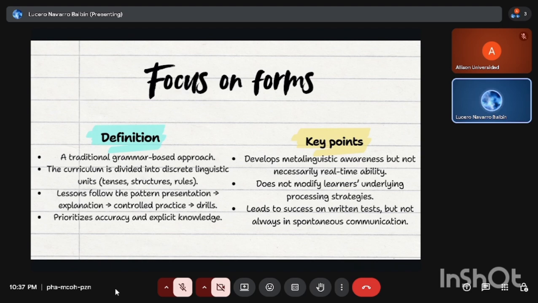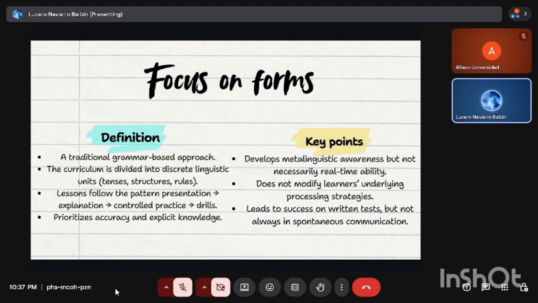According to the chapter, focus on forms is the traditional approach to teaching grammar. In this model, the curriculum is divided into discrete grammatical units. One day you teach the past tense, the next week the conditional, then relative clauses, and so on. The typical structure of this approach is: first, the teacher explains a rule.